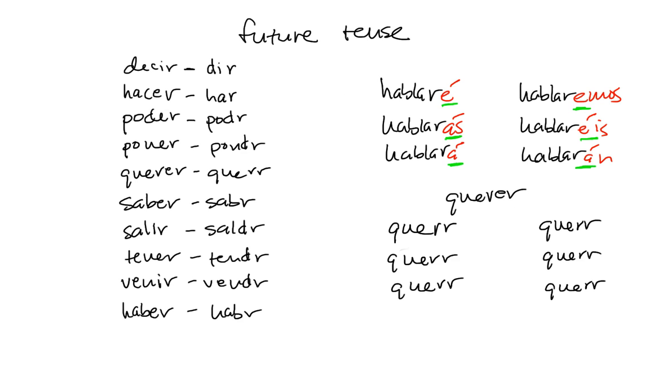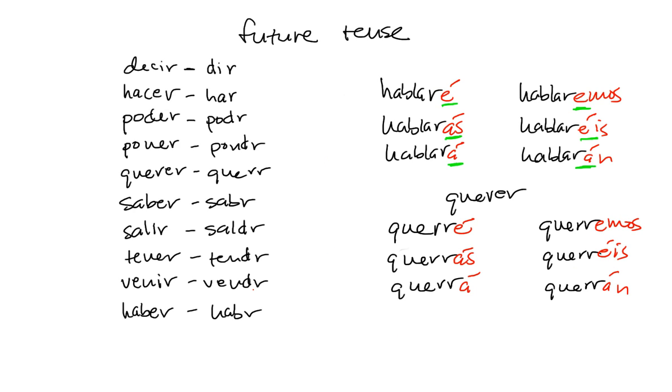And the double R, of course, we know is the trilled R. So we end up with I will want, I shall want if you were in England. Querré, querrás, querrá, querremos, no accent. Querréis, querrán, they will want.